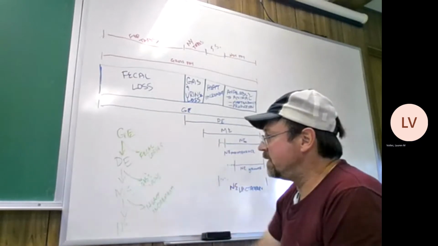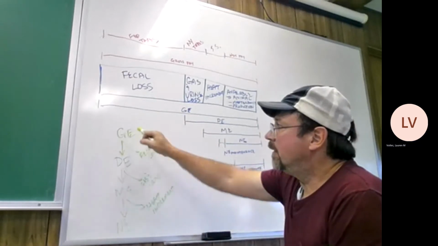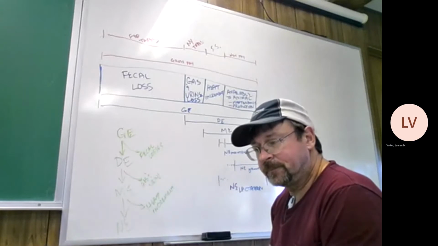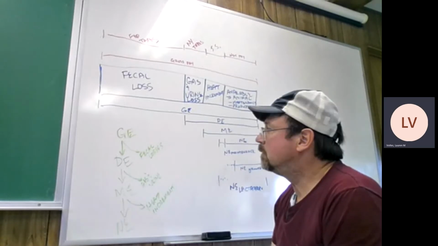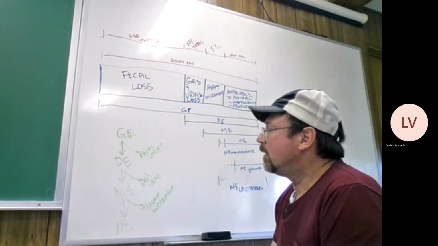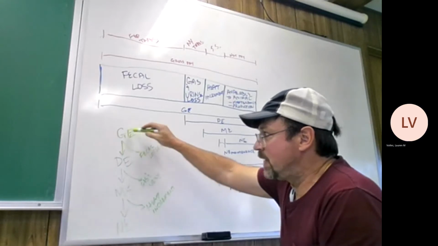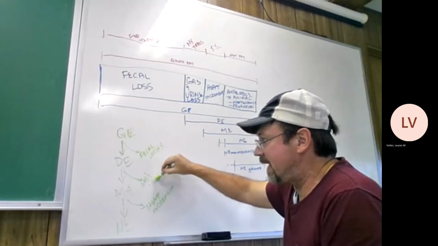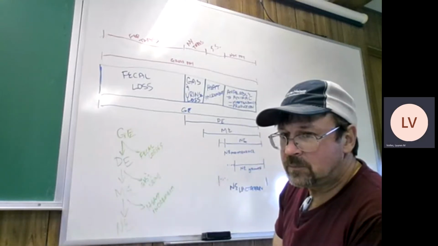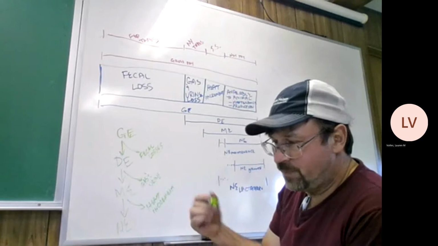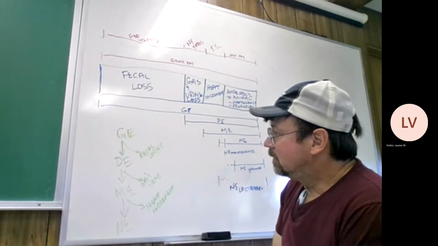Okay. So NE is defined by gross energy? It's plus the gas and urine loss and fecal loss. You'd have to subtract those. So gross energy minus fecal loss minus gas and urine loss is going to give me ME. Okay, so I just went backwards with it. Yep, you just flipped your sign.